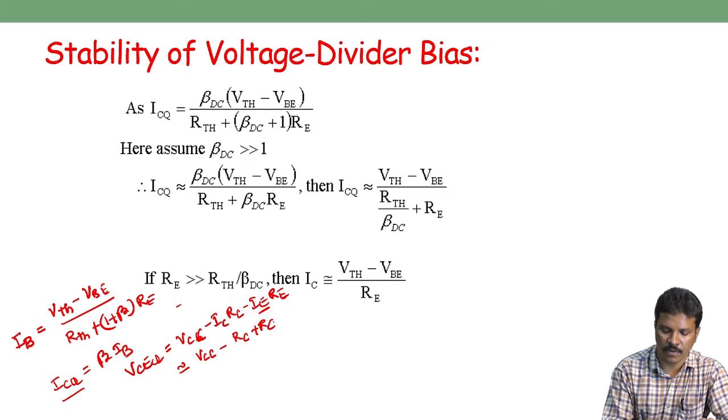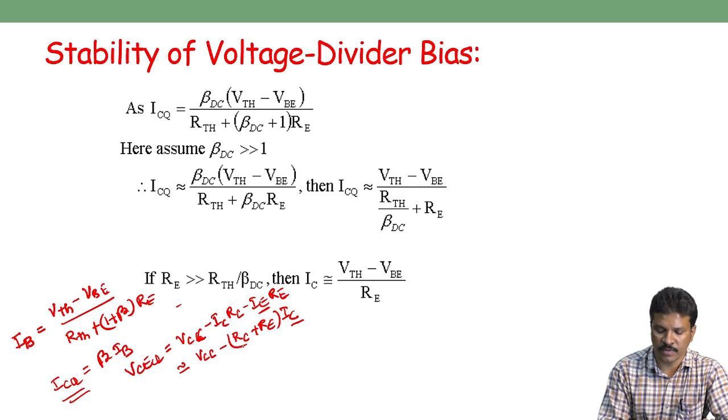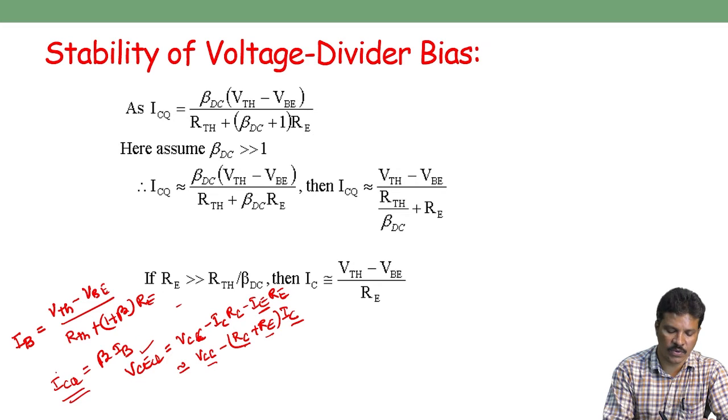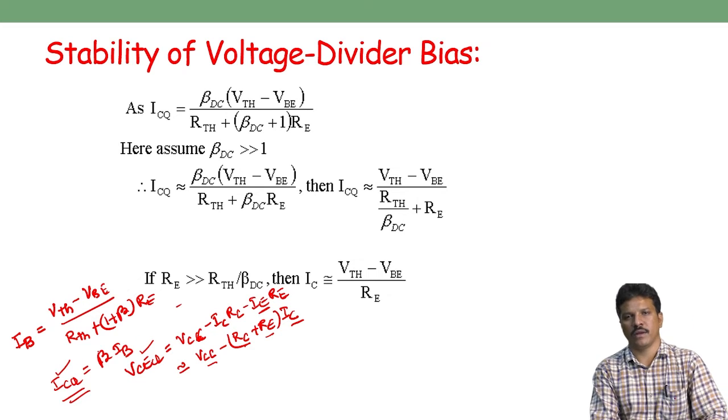We have already found IC from the input Kirchhoff voltage law. Substituting RC, RE and VCC constants, we get VCEQ. So with ICQ and VCEQ we get the Q point.